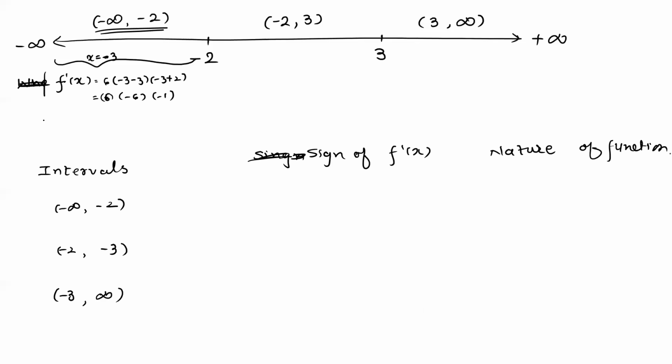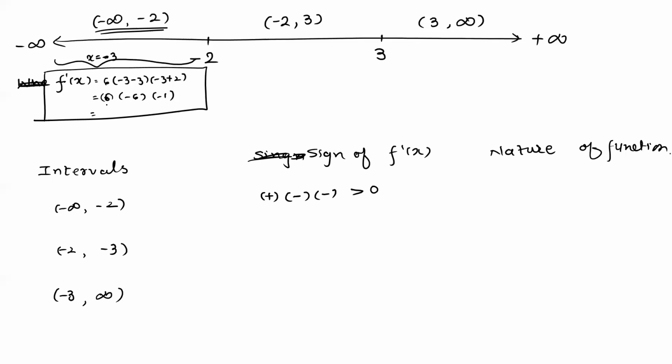later on you will put directly. Here for practice purpose, we are writing everything. Later on, you will put directly. So here you can see that this is positive only, plus 6 is positive, then minus 6 is negative, then minus 1 is negative, and minus plus. So you are getting greater than 0, your f dash x is greater than 0.